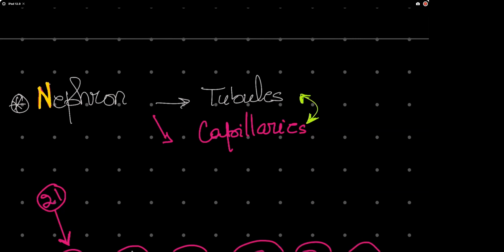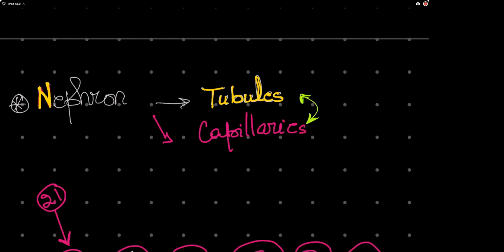Nephrons are formed of kidney tubules and running parallel to them are blood vessels or capillaries.